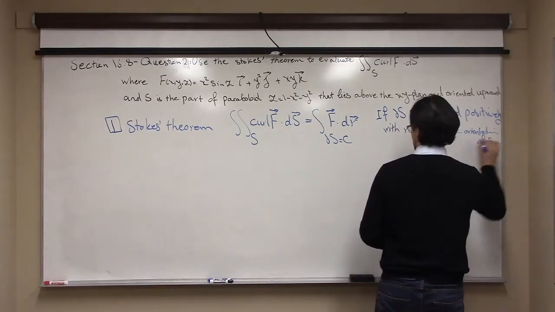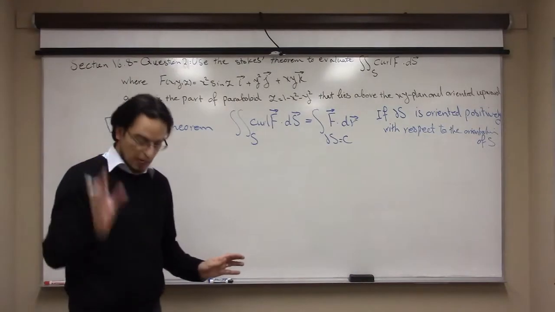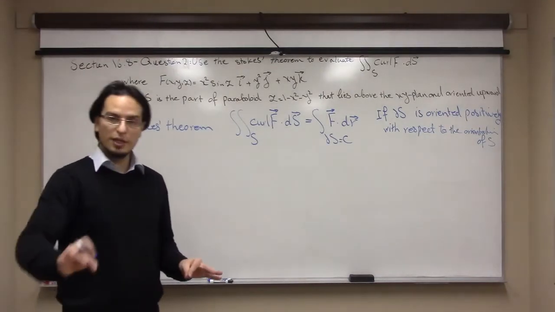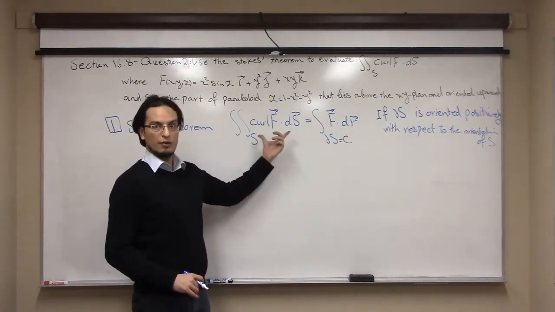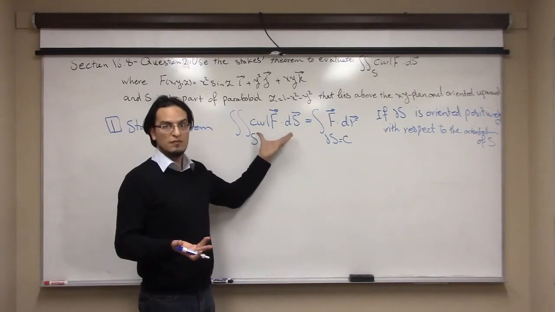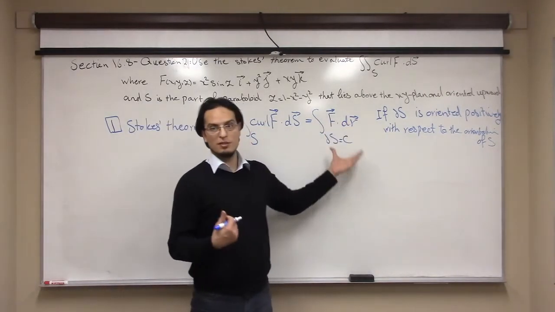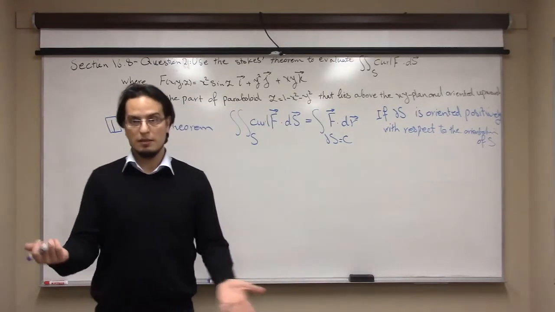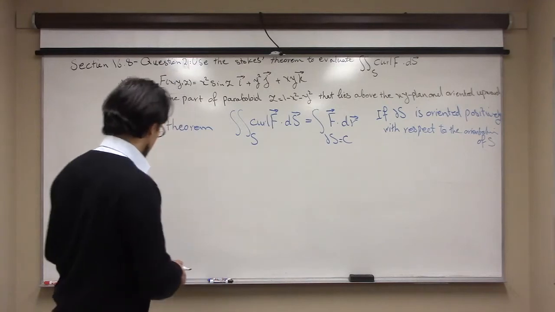So if you choose the right orientation for the curve, instead of doing an integral of a vector field over a surface, you need to do just a line integral of a vector field, which makes things easier.